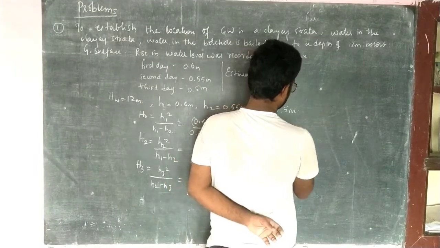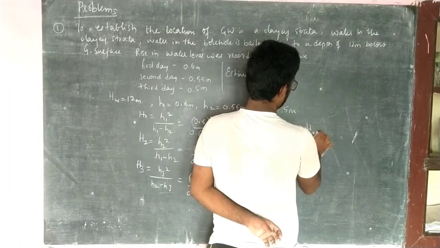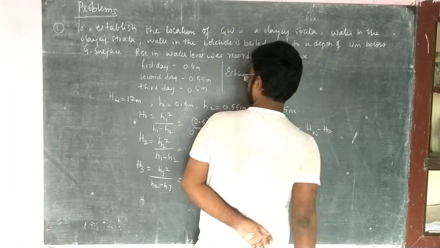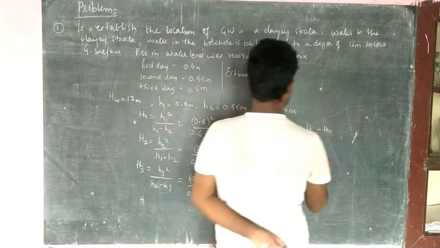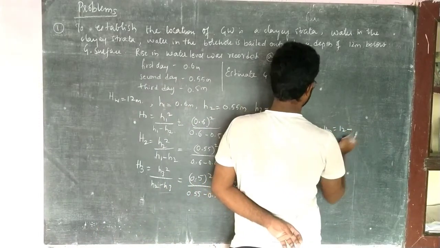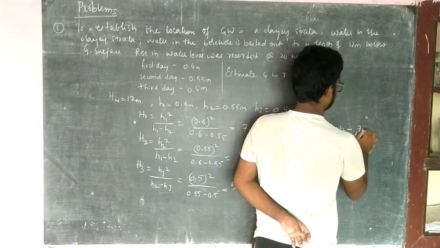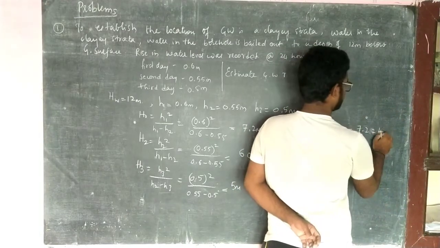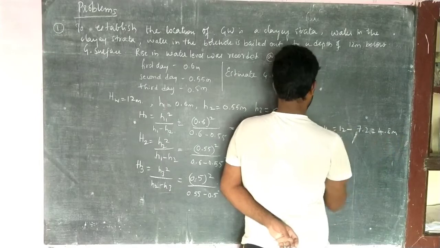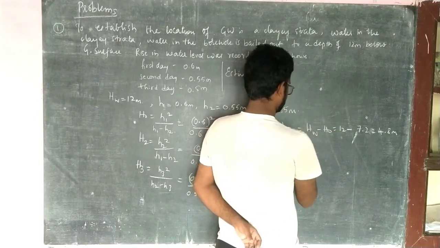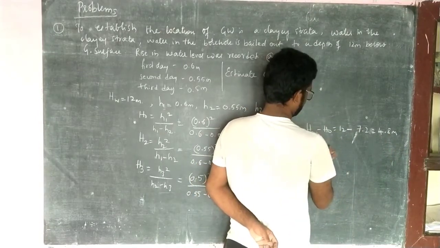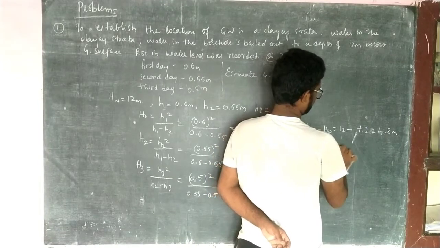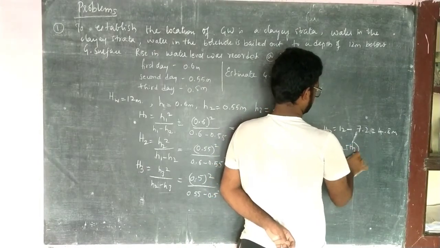HW1 is equal to HW minus h0. So what is HW? 12 minus h0 is 7.2 meter, which happens to be 4.8 meter. Now HW2 is equal to HW minus h1 plus h2 plus capital H2.